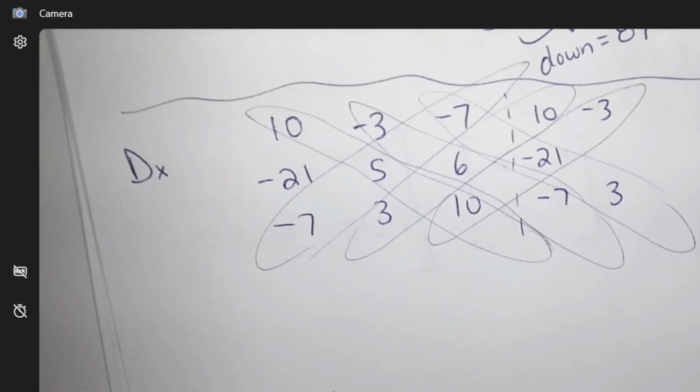Okay, x is replaced with solutions. You still do the same process. 3 down diagonals, 3 up diagonals. Okay, I'm gonna give you 1 minute to do that.